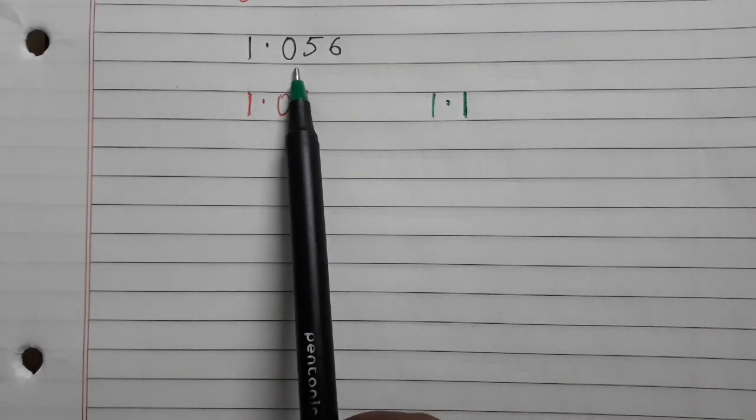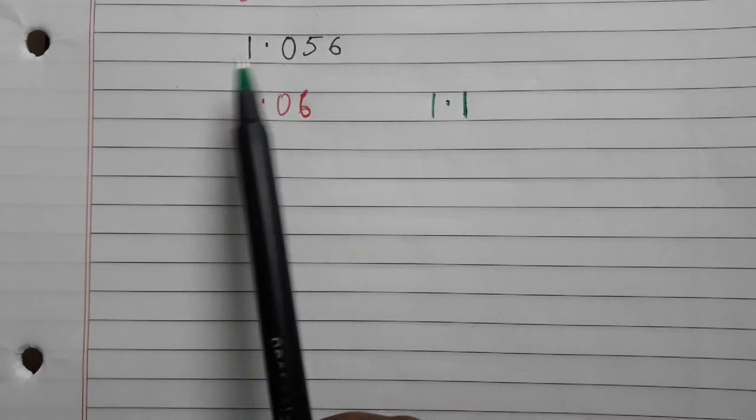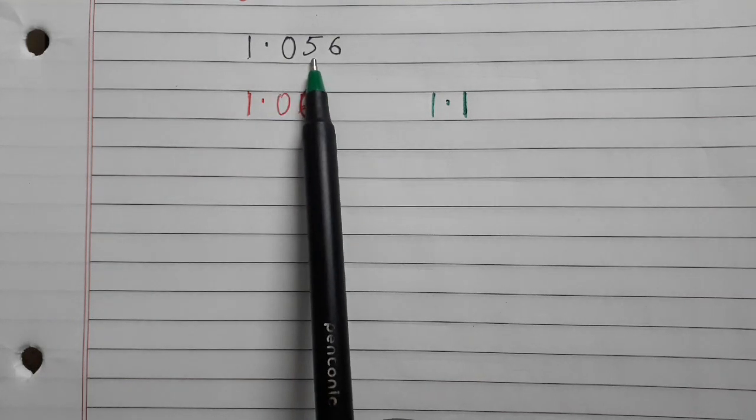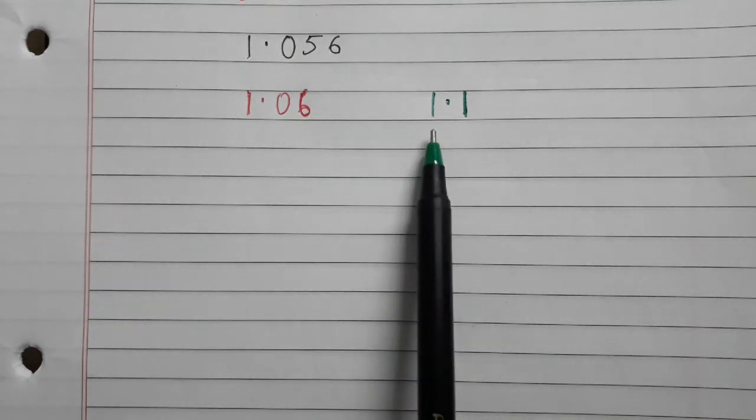But for 2 significant figures the answer will be 1.1, because here 1 and 0 are both significant figures. The 0 comes after a non-zero number, so it is a significant figure. Now we need to do the rounding off. Since the number after 0 is 5 or more than 5, we can make it 1. So it will be 1.1.